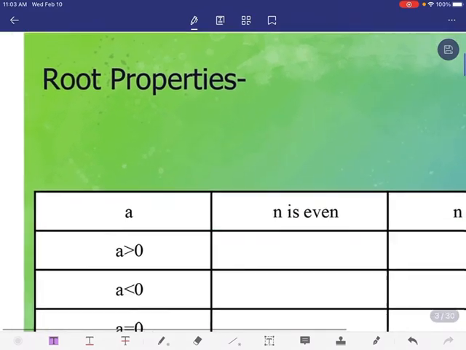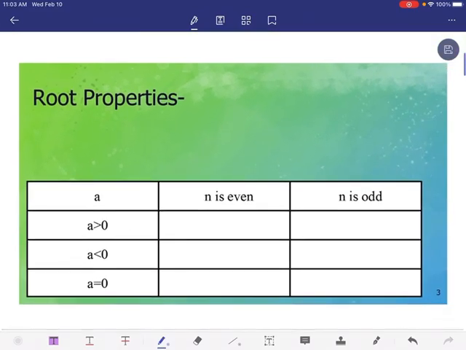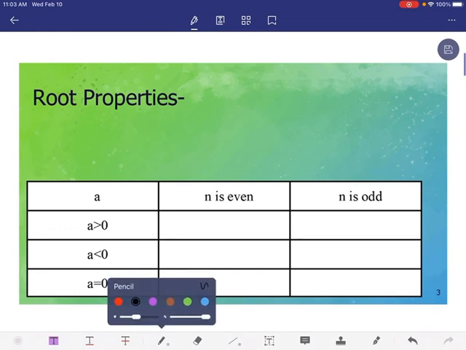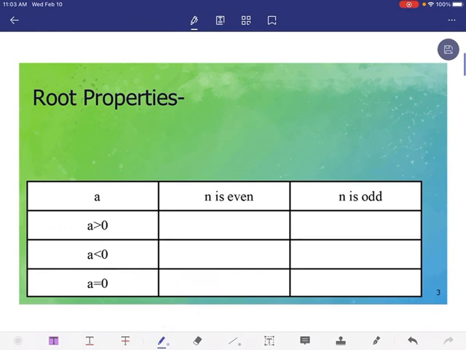Now we do have a few root properties. So if we're looking at the nth root of a, we have two basically different types of situations that we could be in. The first one would be that n is even, and the second being that n is odd. So I can take a square root, a fourth root, and so forth, and all of those would be an index that's an even number.